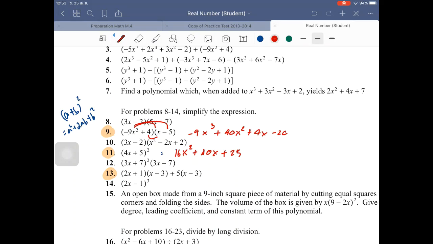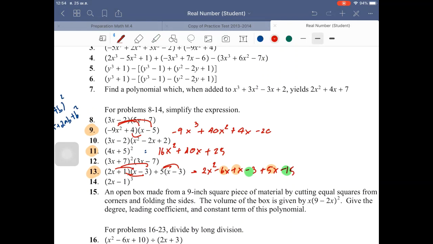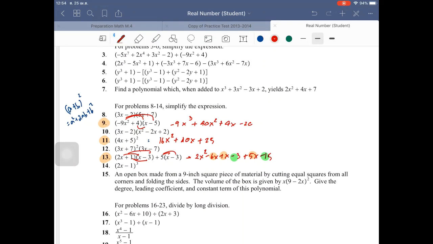And this one, question 13. Expand term by term first, and then we simplify. 2x squared minus 6x plus x minus 3 plus 5x minus 15, and then you find the like terms, and negative 3 and negative 15. Then simplify one more step.